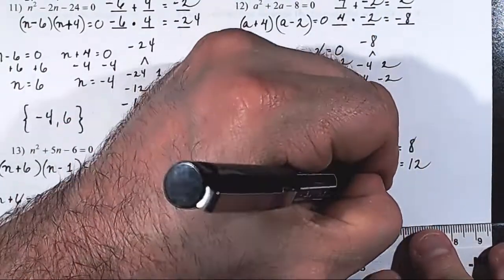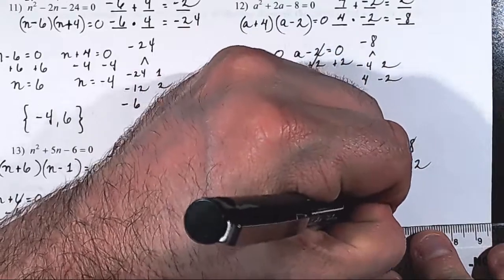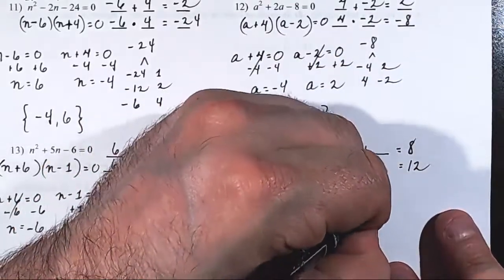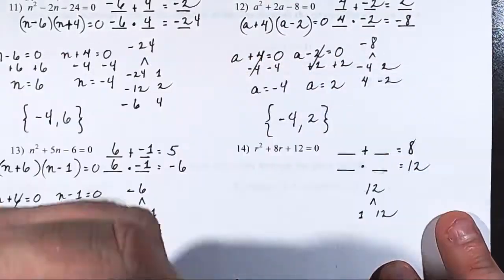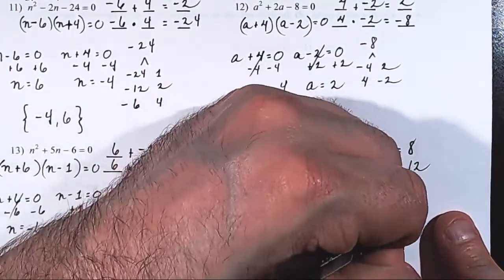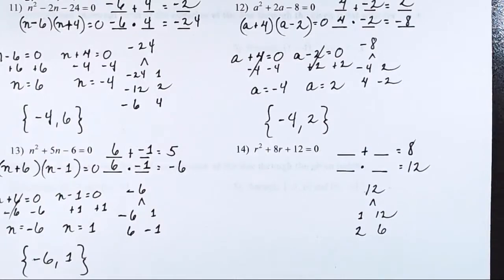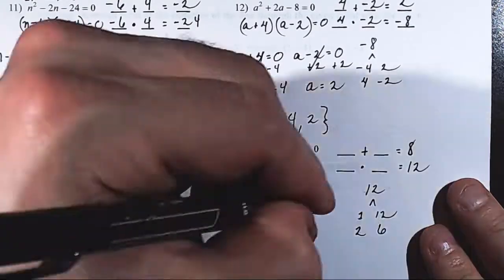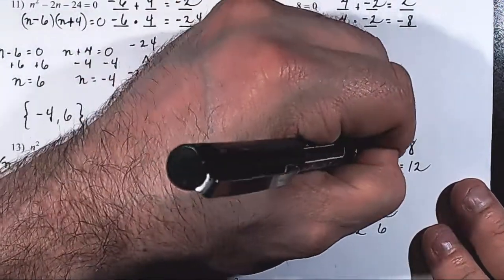So I take 12 and I break it down. I could do 1 times 12, but that equals 13. I could do 2 times 6. 2 times 6 is 12. 2 plus 6 is 8. There's our factors, 2 and 6.